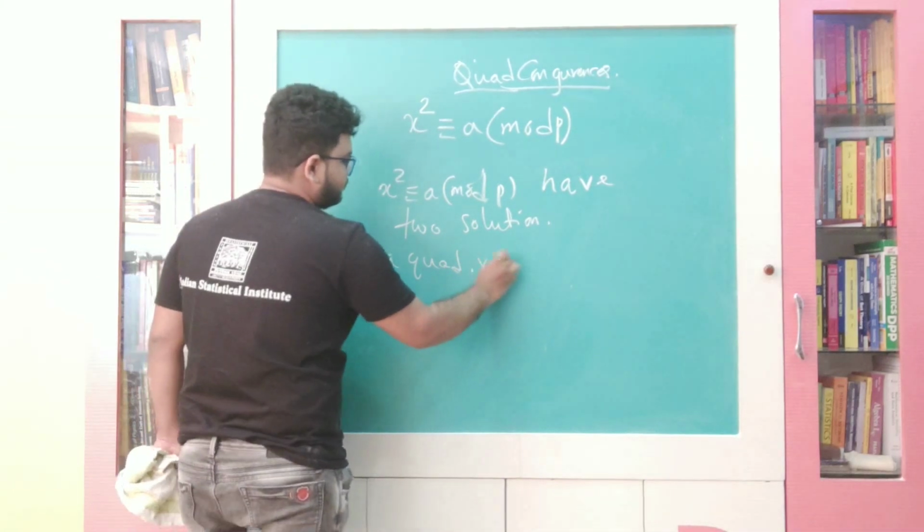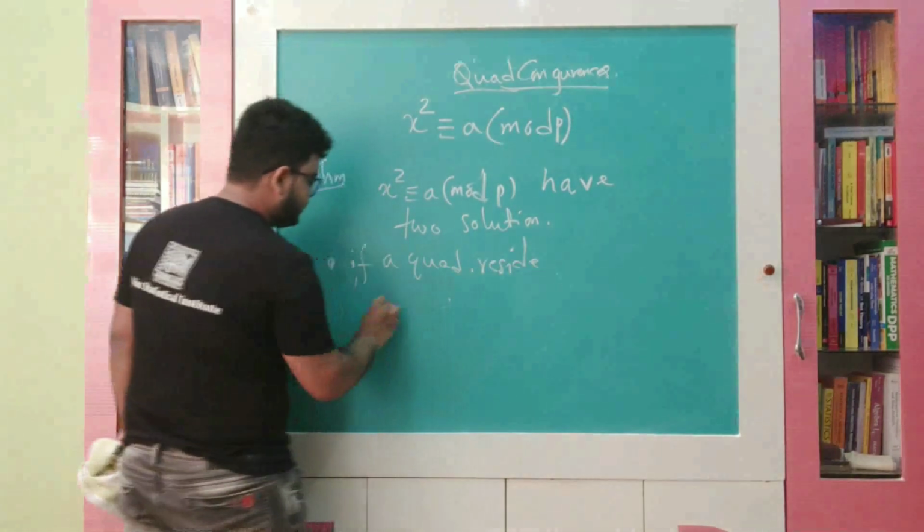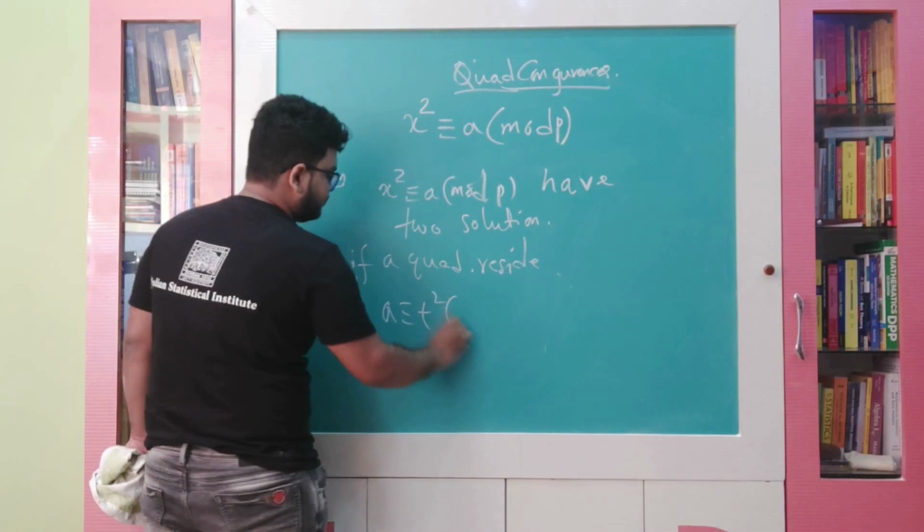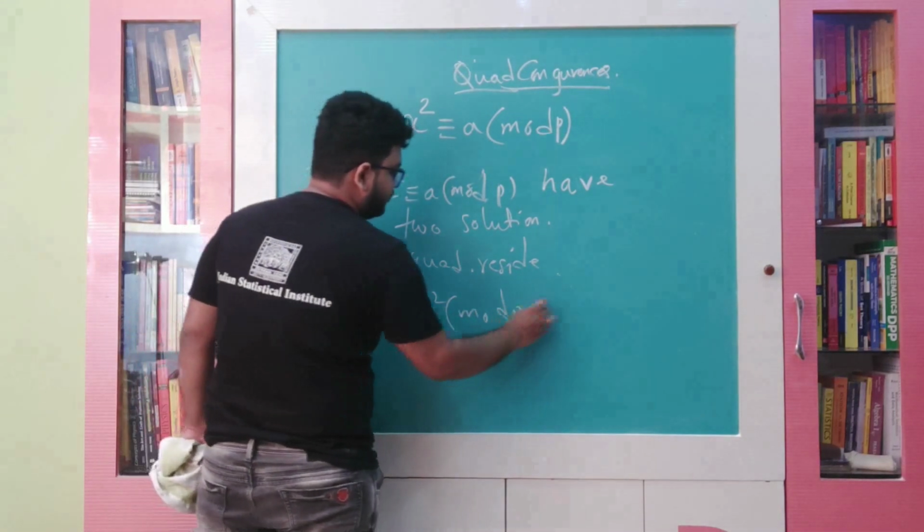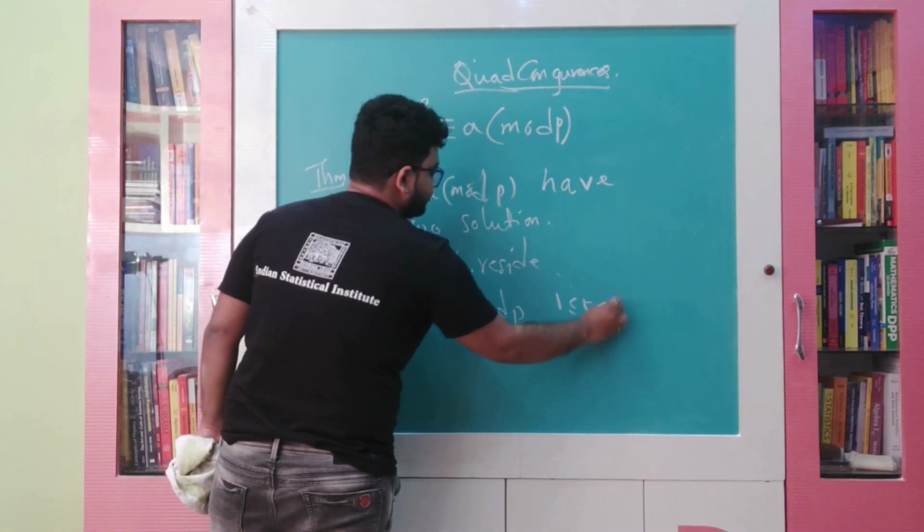Then a is congruent to k squared mod p for 1 less than or equal to k less than or equal to p minus 1.